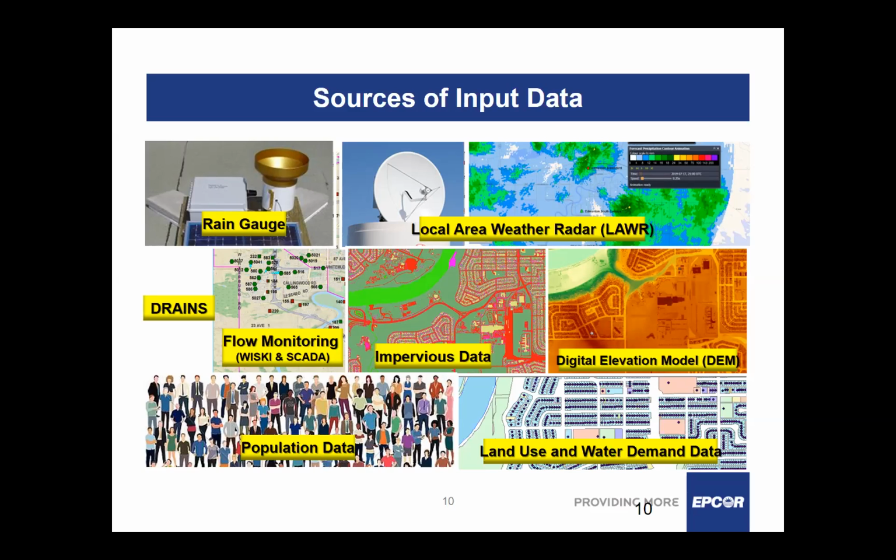We also have what we call SCADA. We use that to help operate the system, and this is live information as well. This is not public, but together with what we call WSKI, we store all our flow monitoring and sensor locations.